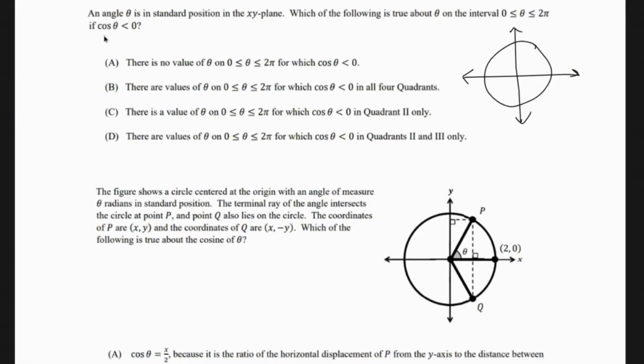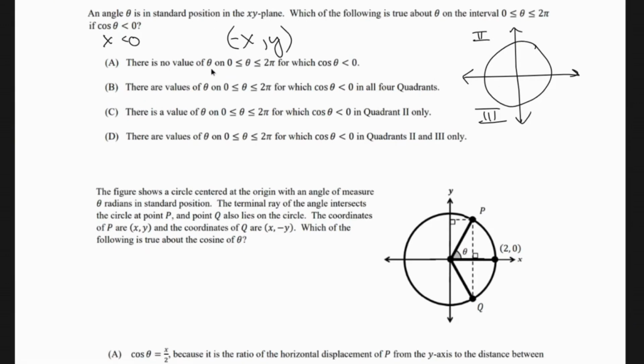Cosine is my x value. So cosine less than 0 means we need a negative x, which lives in quadrant 2 and quadrant 3, because negative x's have me go to the left. So whatever this is going to live in either quadrant 2 or quadrant 3.